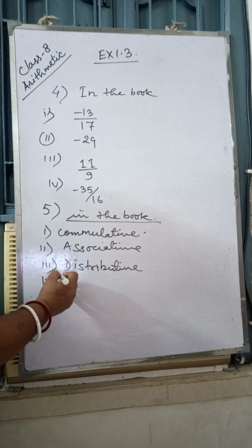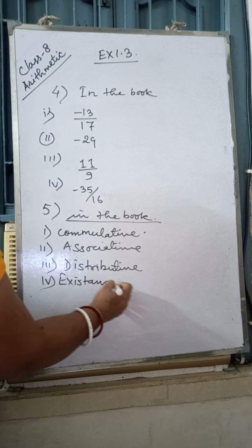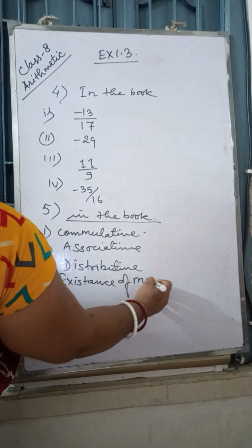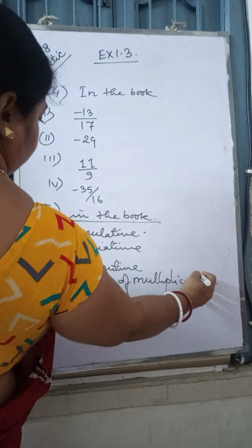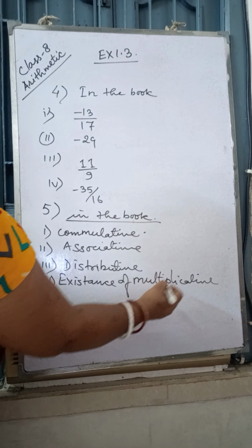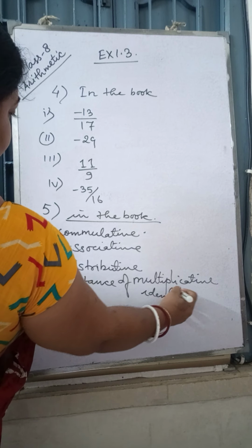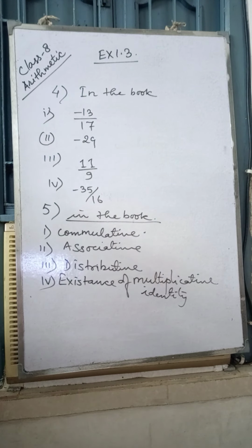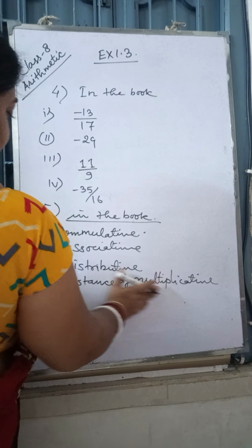So it is existence of multiplicative identity. Next is, when it is multiplicative inverse, the opposite it is getting.